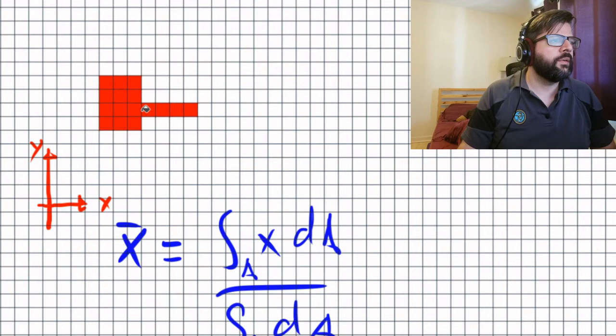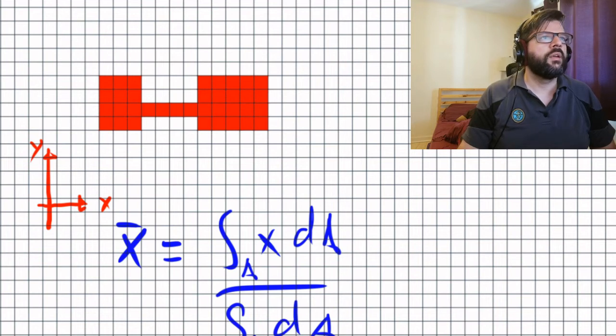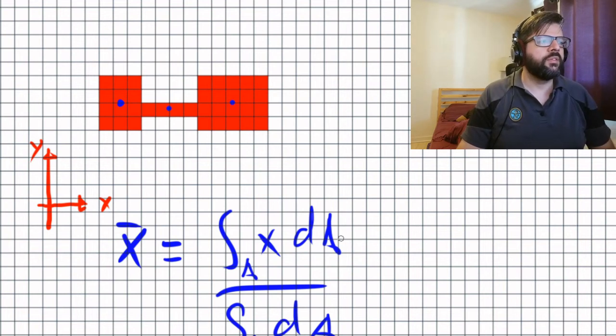Let's say we do this. Now if we started off with this, it has a centroid right here, and then add to it these two components, and just looking at the x, actually here let's only worry about the x.